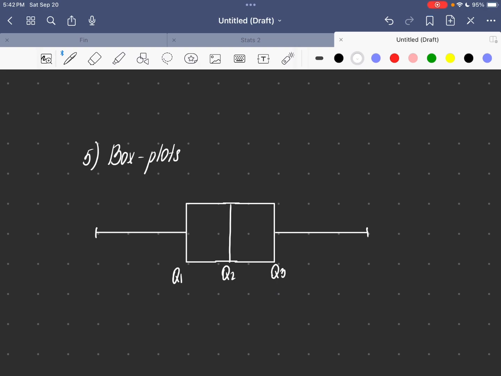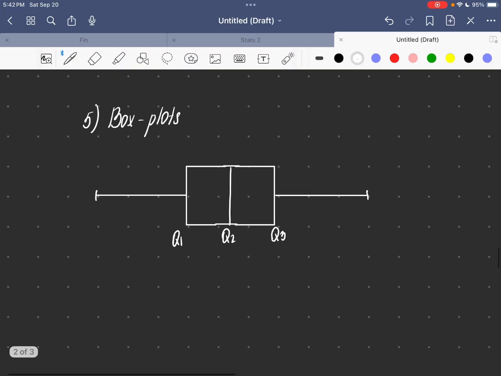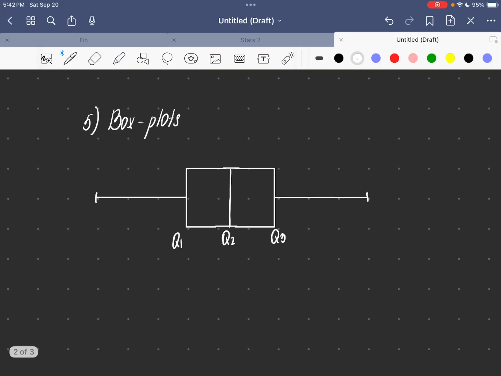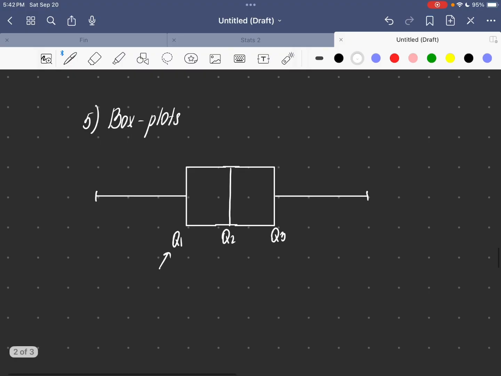So box plots may look slightly unusual in the beginning, but I promise they're okay. So first thing that we notice, the box plot is divided into quartiles. Those are those little cuts. So quartile 1 is 25% of the data. Quartile 2 is 50% of the data, which is the same thing as a median.